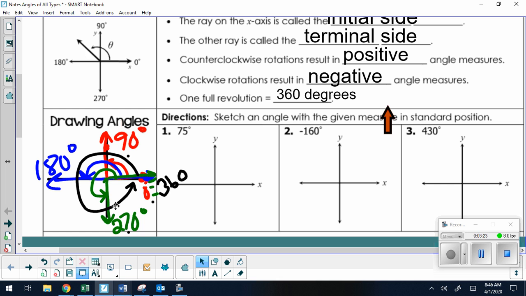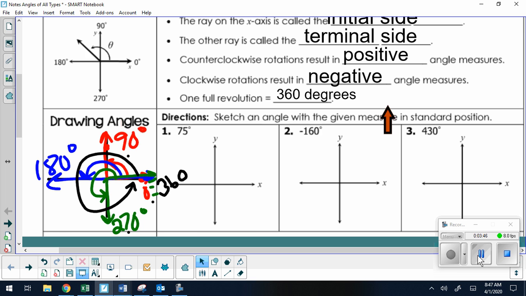Negative 160, I'm going to go backwards. So that's 90, that's 180, so it's going to fall somewhere in this range. 430 is bigger than 360, so I'm going to go 360 and then loop around that extra 70 degrees. So that's why this 0, 90, 180, 270, 360 is important to us.